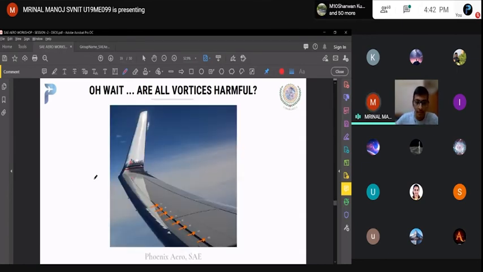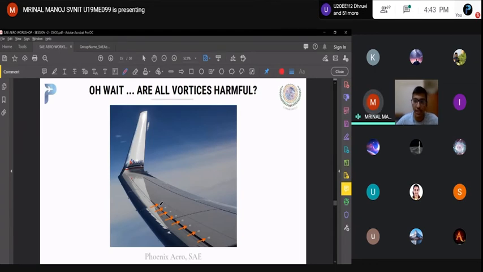I'm pretty sure you might have seen these small dots on the front part of the wing, small tiny metal projections on top over here. I myself thought it was just to hold the panels together, riveted together. But that's not the case. These small tiny projections are called vortex generators.